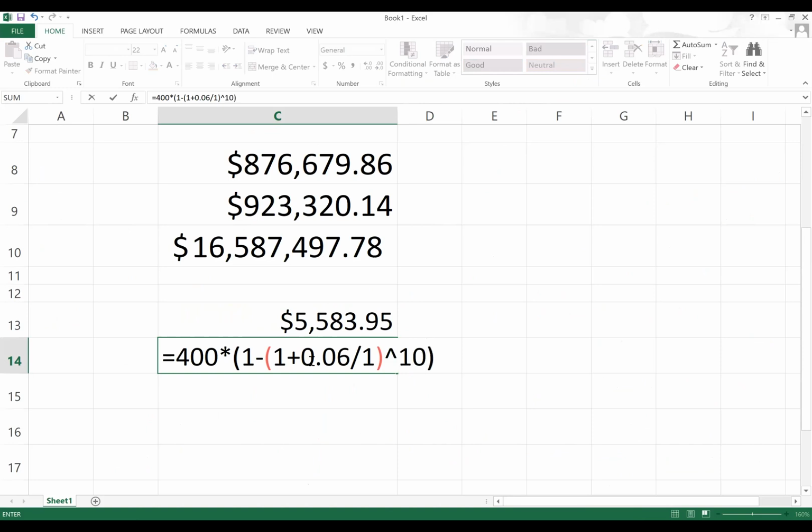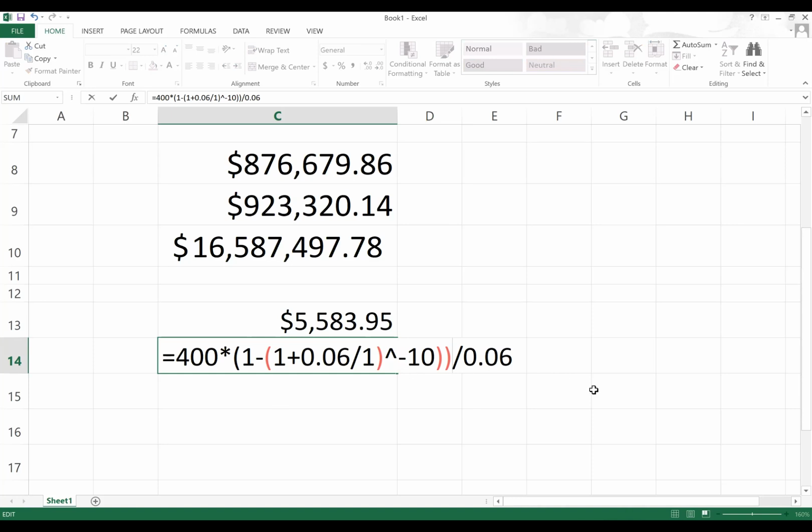That would be the numerator, divided by 0.06 in the denominator. And that should give us the present value of the annuity. I missed a sign here: it should be negative 10. Okay, that should do it.